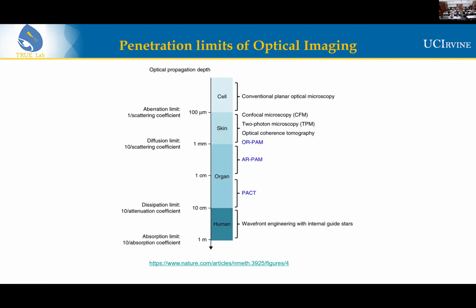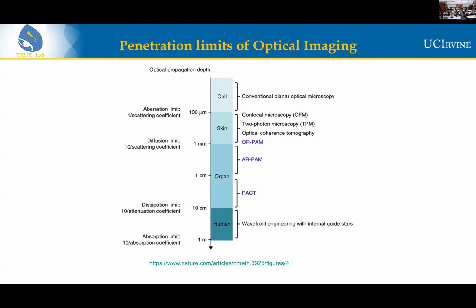This graph gives you a good idea of the imaging depth of conventional optical microscopy, such as confocal, two photon, and OCT. The blue color is our photoacoustic microscopy. I'm going to talk about two types of photoacoustic microscopy.